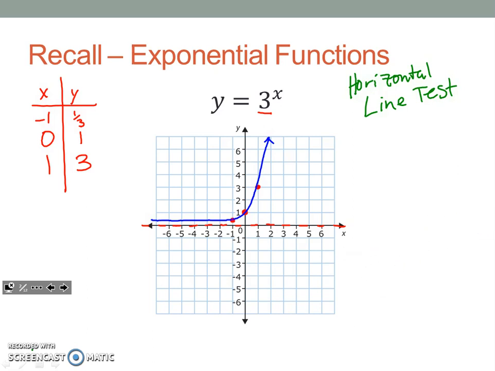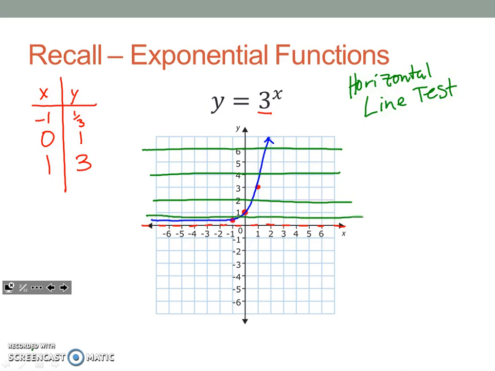So what we're going to do today is we're going to use our horizontal line test here on our exponential function. So if I draw horizontal lines across this, all of these horizontal lines are only going to hit at one point. Okay, now it looks like down low here that it would hit at more than one point, but remember this part of the line is getting smaller and getting closer to that asymptote. Okay, it's just hard to show that. If we zoomed in, you could tell that it was getting lower, and you could tell that it only hits at one point.